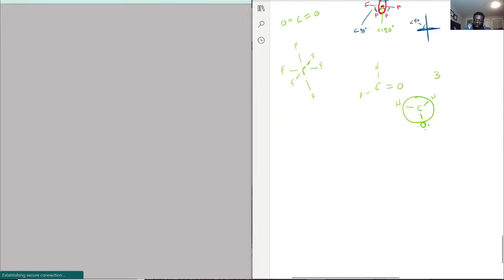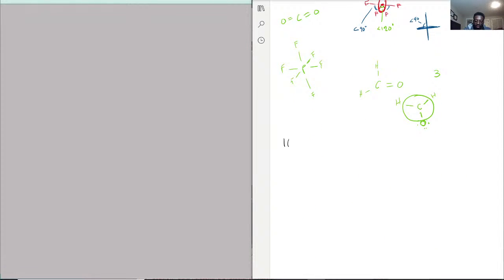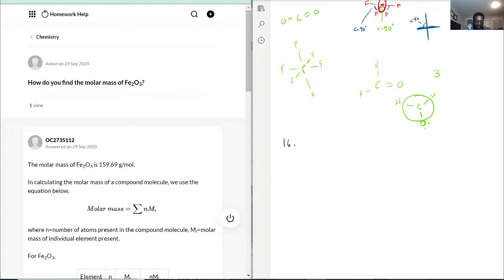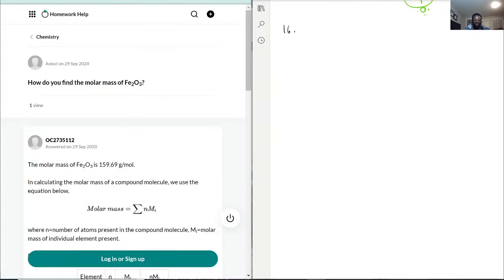So let's move on to question 16. How do you find the molar mass of iron oxide? And the cool thing here, as a side note, is that iron has certain oxidation values, but this is iron 3 oxide. How do you know it's iron 3?